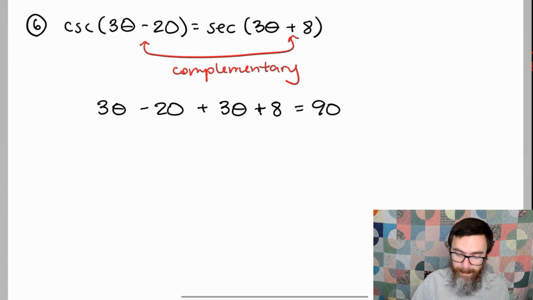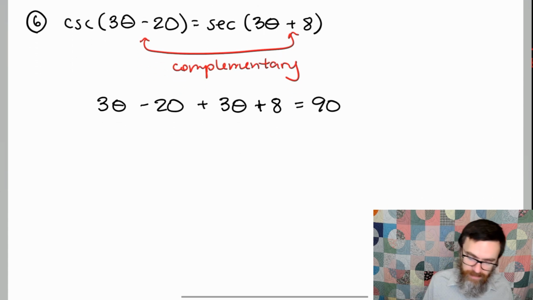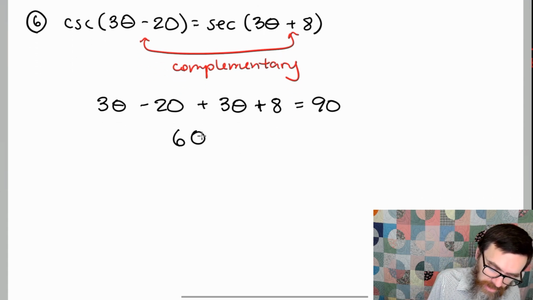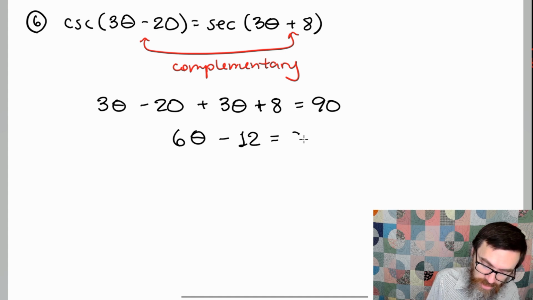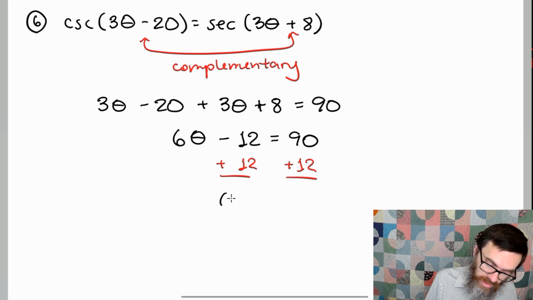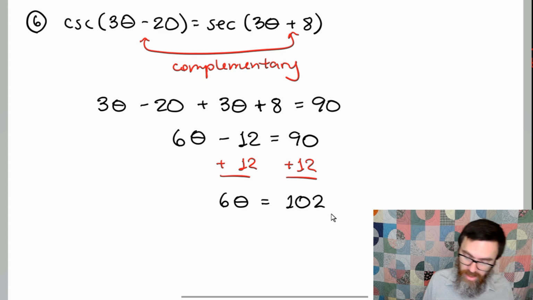And then it becomes the same kind of question that we had above, right? So we're going to combine like terms. 6 theta minus 12 is equal to 90. Move the constant to the other side. Then we have 6 theta is equal to 102.